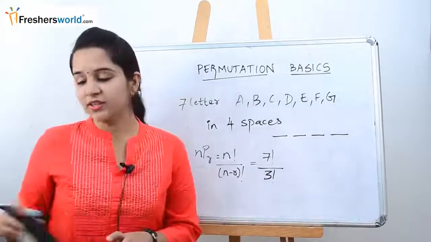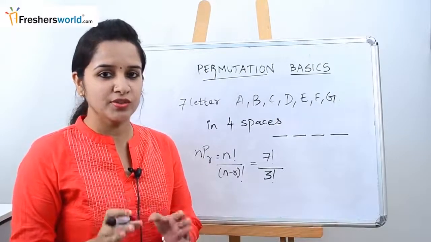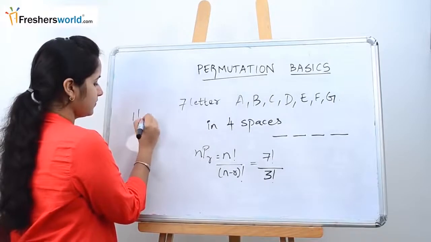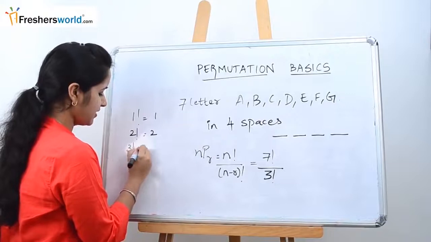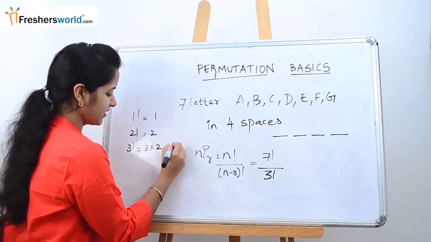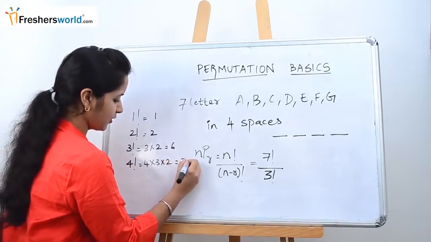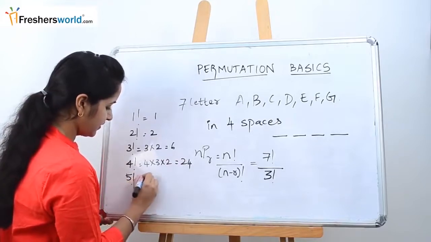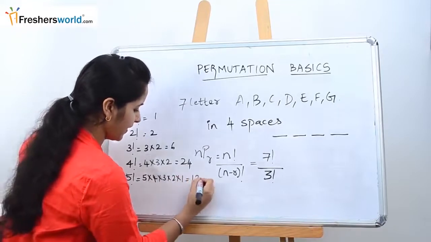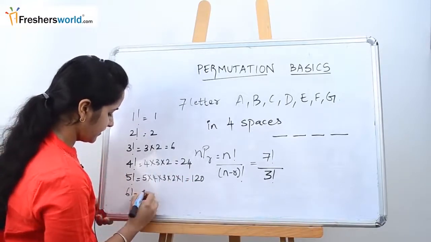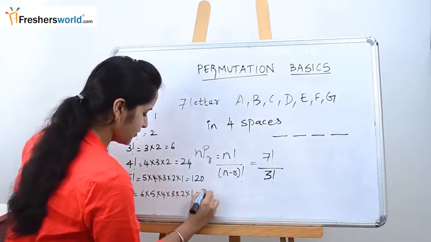The most important thing in permutation is that you have to know all the factorials from 1 factorial to 7 factorial. 1 factorial is 1, 2 factorial is 2, 3 factorial is 3 into 2, which is 6. 4 factorial is 4 into 3 into 2, which is 24. 5 factorial is 5 into 4 into 3 into 2 into 1, which is 120. 6 factorial is 6 into 5 into 4 into 3 into 2 into 1, which is 720.